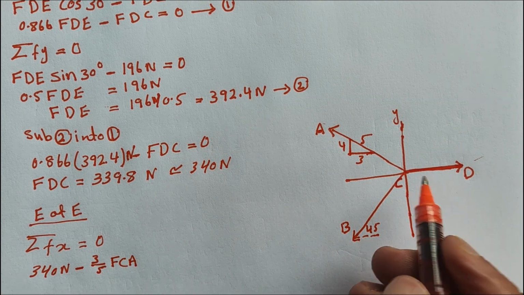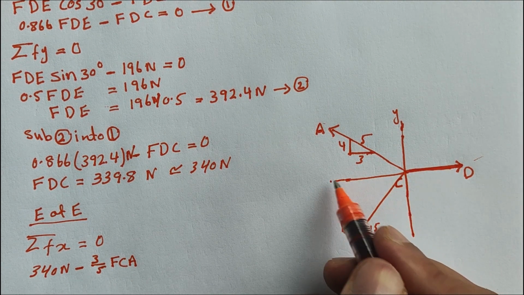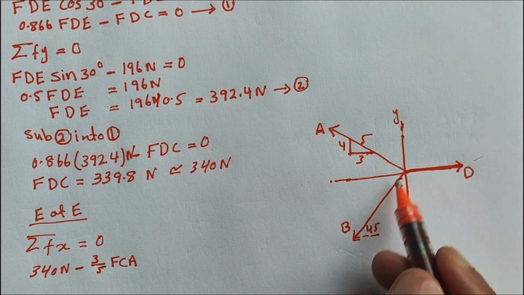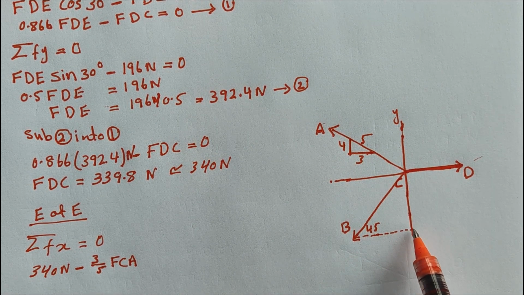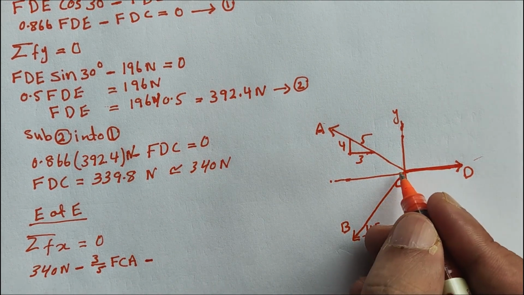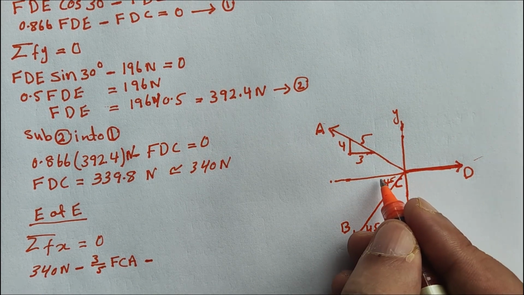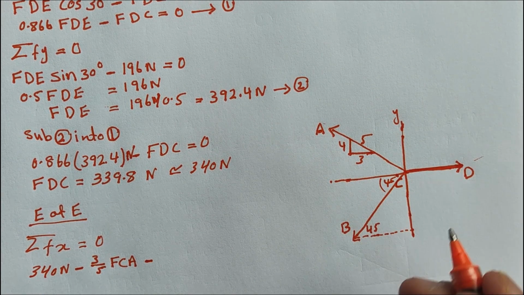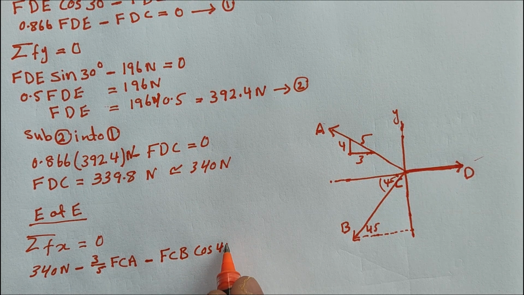FCA. And then for the other component here, the component of FCB on the x-axis, it's again negative. We make this 45, then these both angles here are equal, so we can say negative FCB cos 45 degrees.